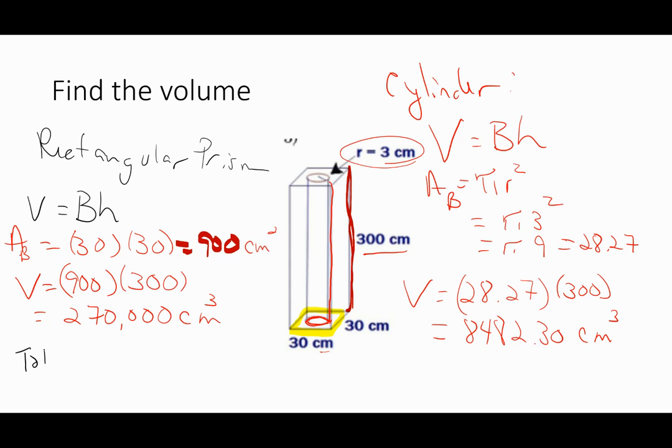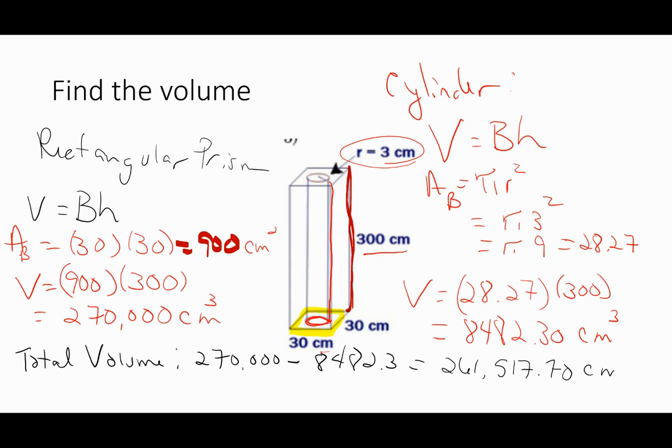So the total volume is 270,000 minus 8,482.3, and that gives us 261,517.70 centimeters cubed.